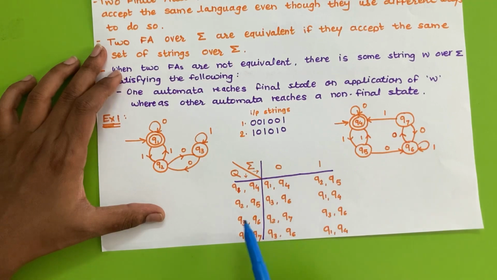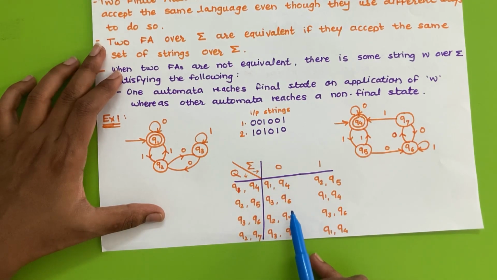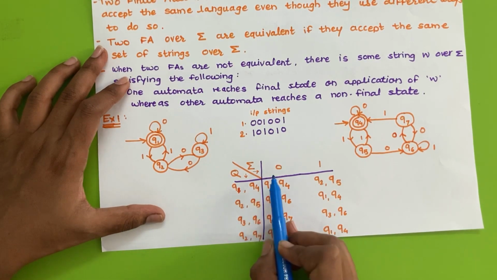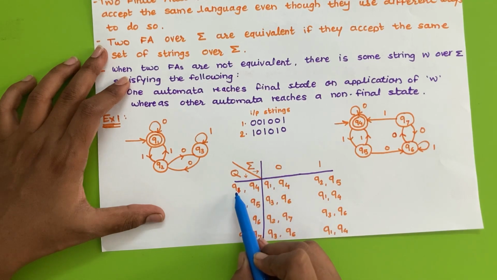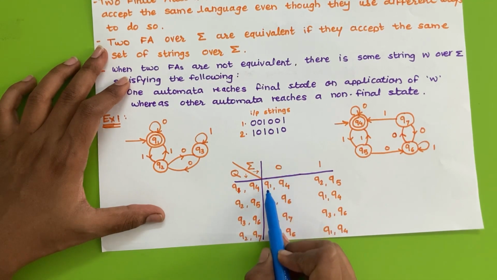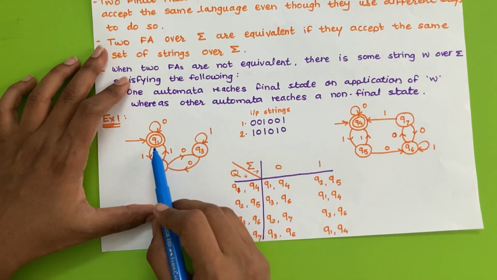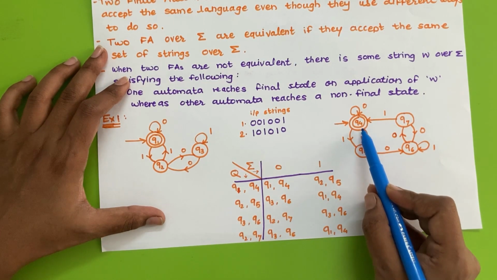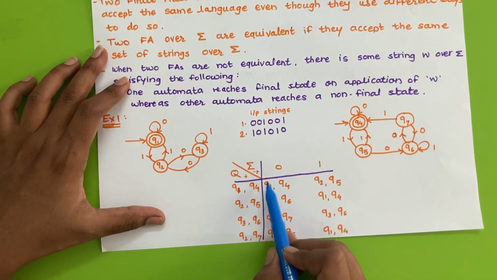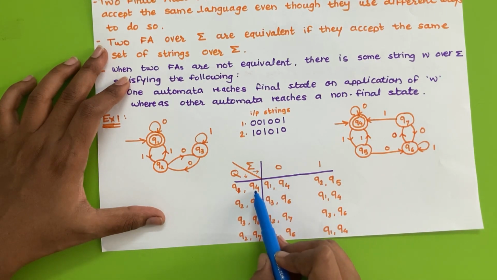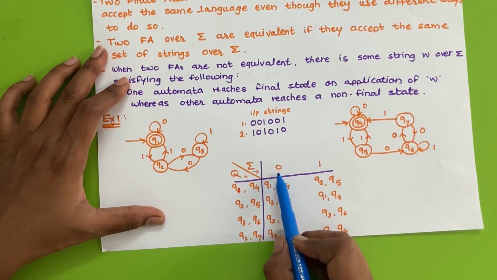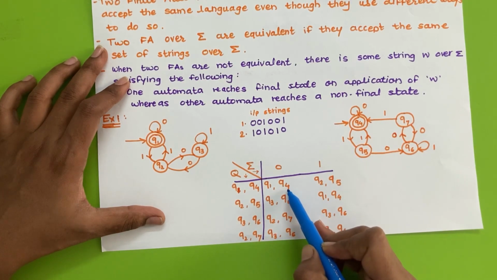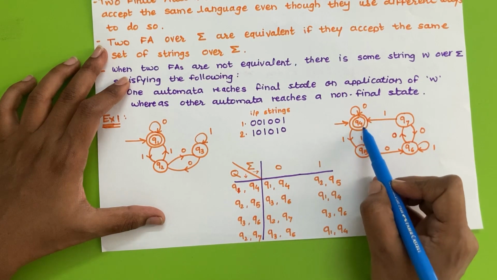If we observe this transition table, then we know that if we supply 0 input to state Q1, then the output state is Q1 and Q1 is my final state. The same case will repeat for this second FA. If we supply 0 input to the initial state, that is Q4, then we will reach state Q4 and Q4 is also a final state.